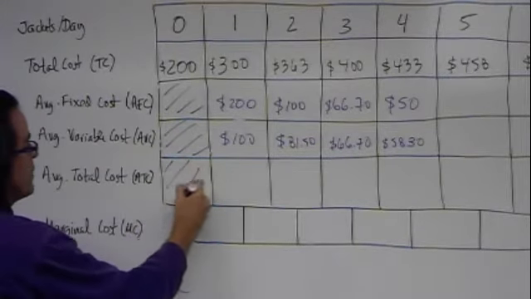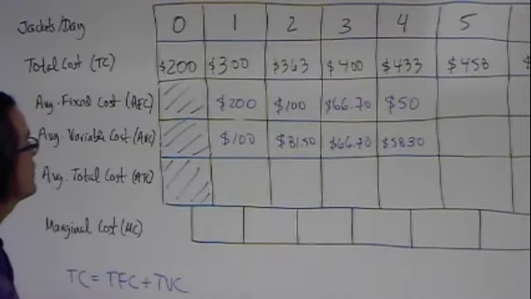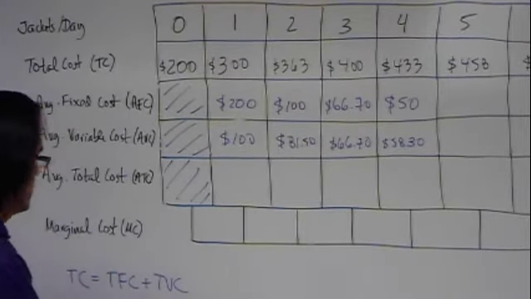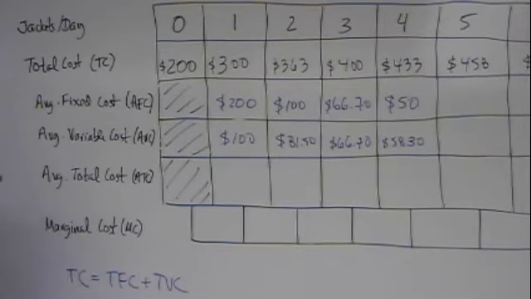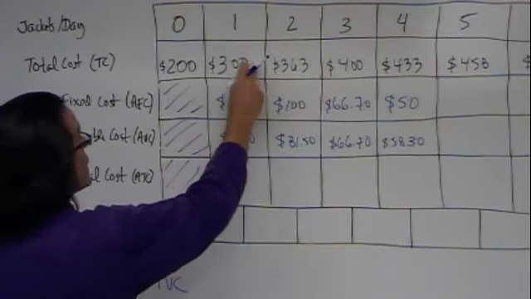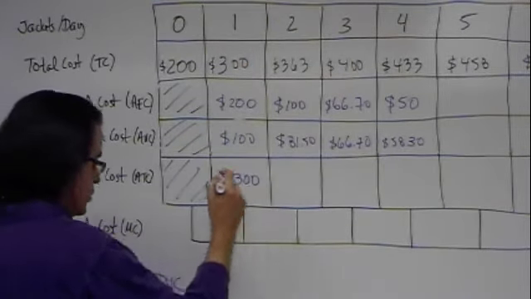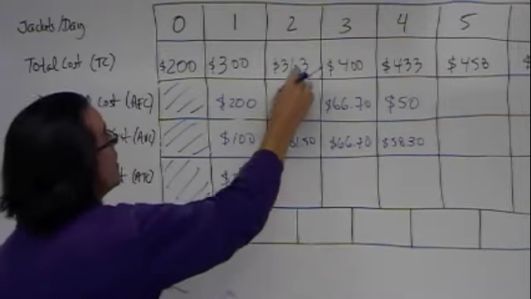Okay, next item, and again, we don't worry about the zero value there. So we want to figure out the average total cost. Our definition of average total cost is simply total cost divided by output. So pretty straightforward. We've already got the total cost here divided by 1. Our average total cost is 300.